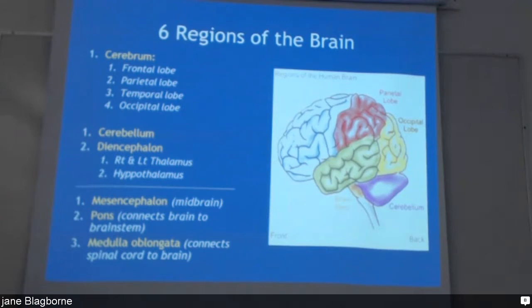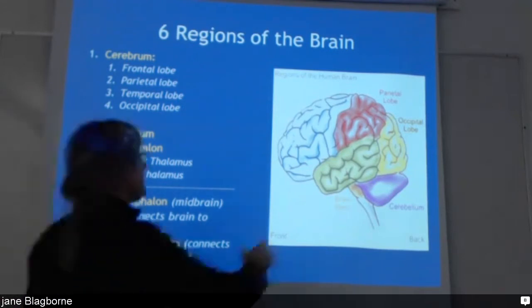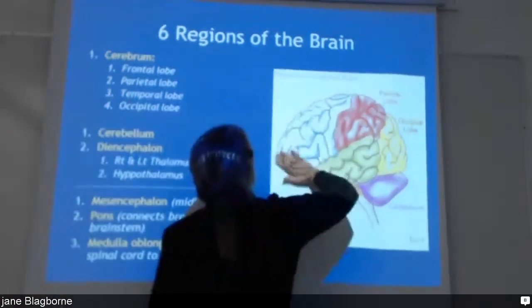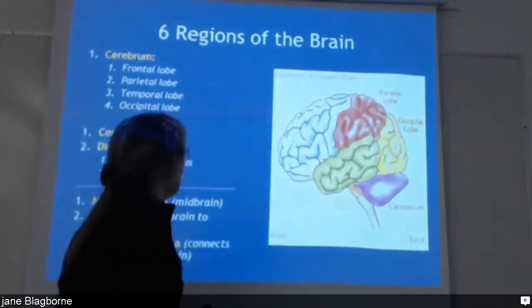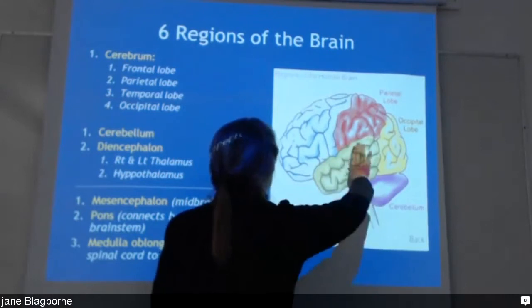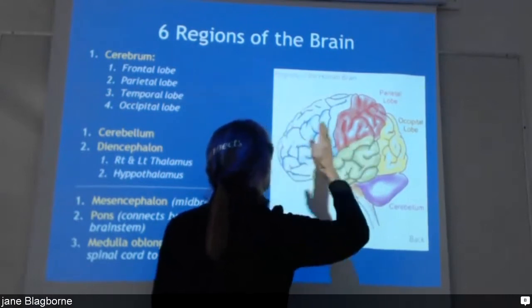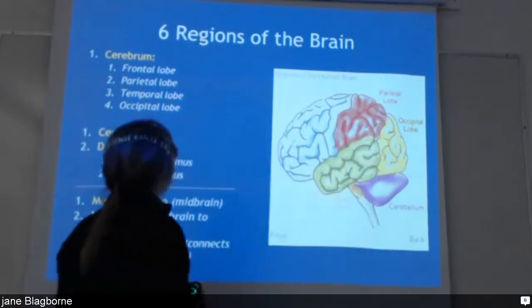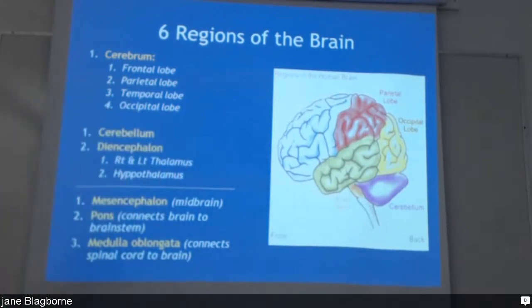It has the frontal lobe, this big white area here, the parietal lobe, the pinkish area, the temporal lobe on the side where the temples are, and the occipital lobe. So there are those 4 areas of the cerebrum.